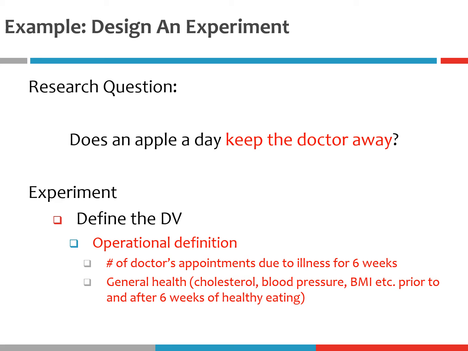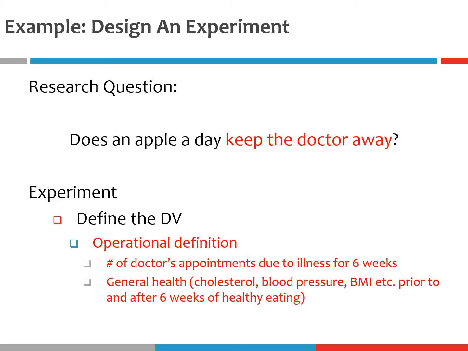One important specification, though, is we want to make sure it's number of doctor's appointments due to illness, right? So if it's just a doctor's appointment for a general checkup or maybe for a medication refill, we wouldn't consider that an index of general health. So it's a doctor's appointment due to illness, again, over the course of 6 weeks, okay?